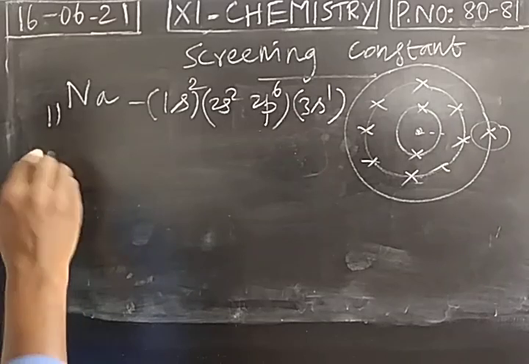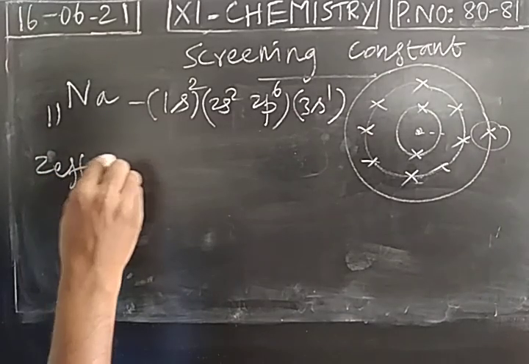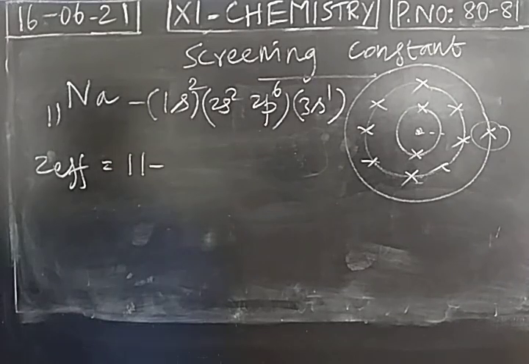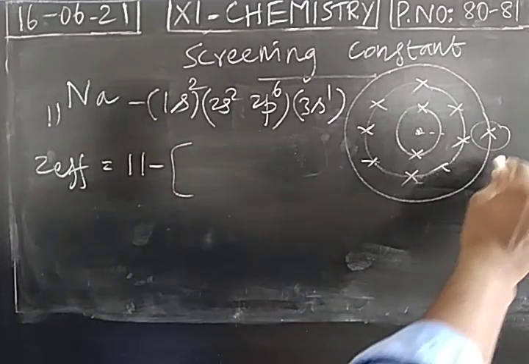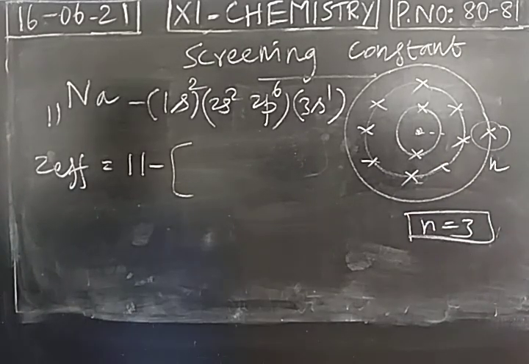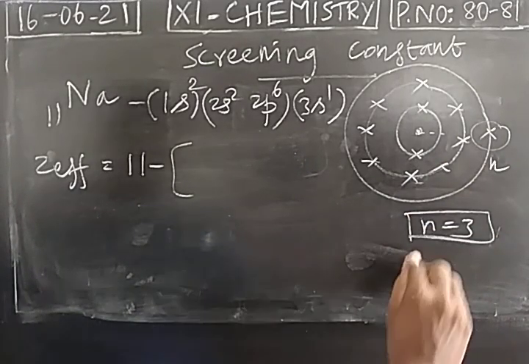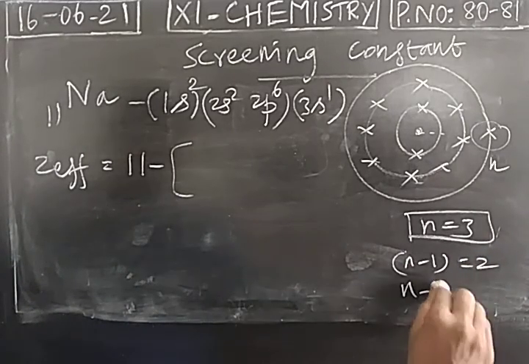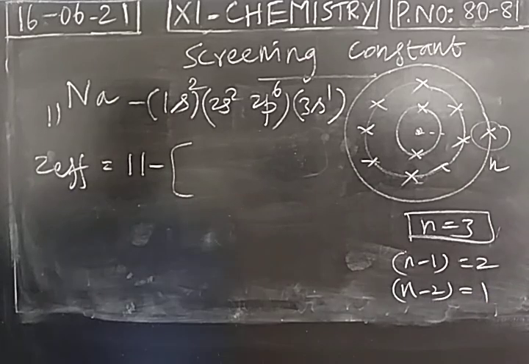So effective nuclear charge is equal to atomic number 11 minus screening constant. This is the nth cell, n value 3. Third cell is the nth cell. N minus 1 cell means second cell. All inner cells. Inner cell is first cell.